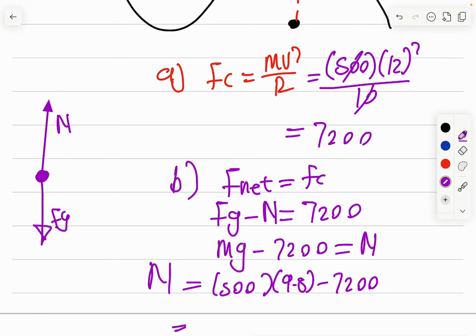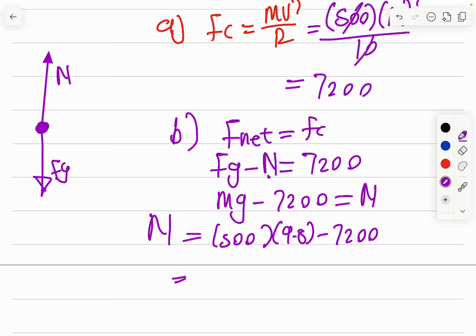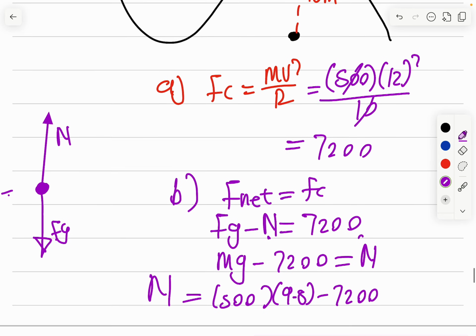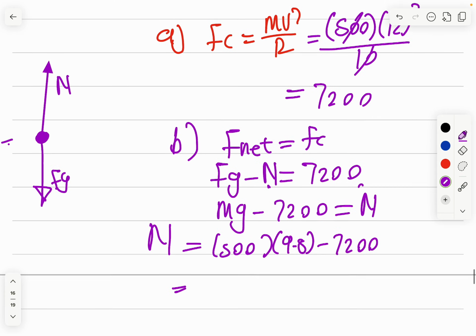Fg is going positive. Normal force is going to the right. I'm taking that thing that side, this one that side. I'm having 500 multiplied by 9.8 minus 7,200. Oh, it's making sense. It means the force is opposing the motion that we chose.